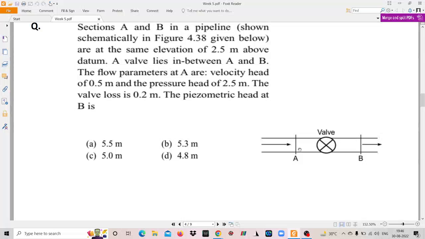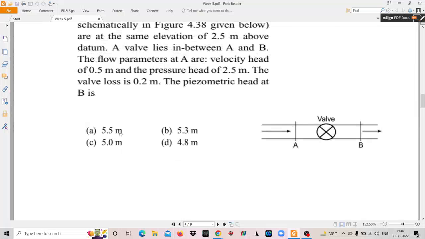There is a valve between point A and point B. The flow parameters at A are velocity head of 0.5 meter and pressure head of 2.5 meter, and the loss due to the valve is 0.2 meter. You have to find the piezometric head at B. So this is the direct application of which equation? Bernoulli's equation. Please try this and tell me which of these four options is the answer.